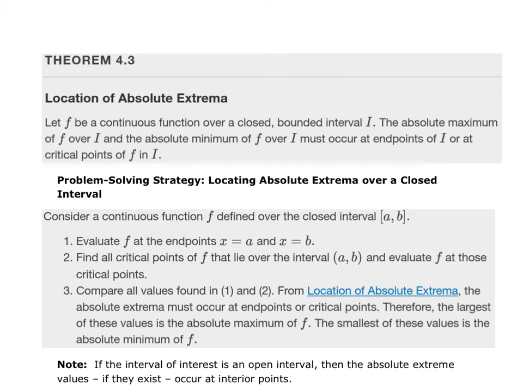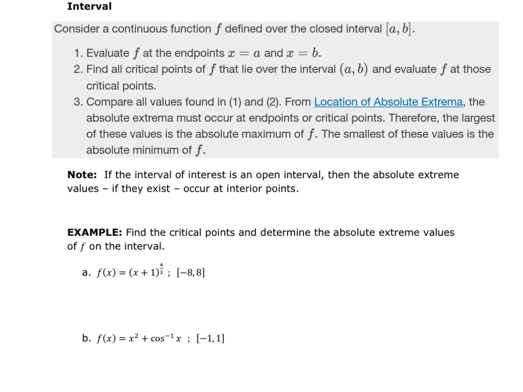And if it's a continuous function and differentiable, then it must happen where we have the derivatives. So to figure out where they are, first of all, you just take the derivative, set the derivative equal to 0, and figure out where those answers are for x. Once you figure out what those answers are for x, you just put that back into your original equation and figure out which is the highest or lowest numbers.